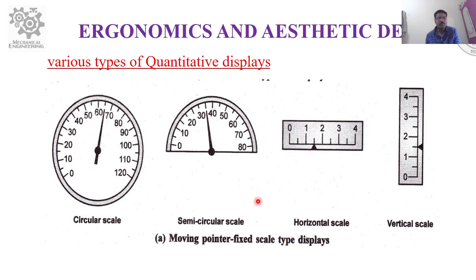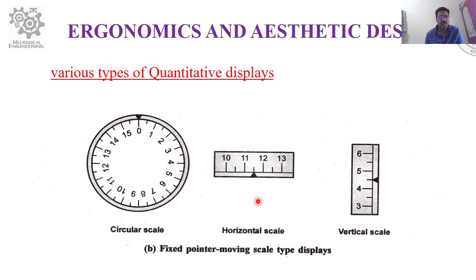And these are the various types of quantitative displays with a fixed pointer and moving scale: the scale is moving and only the pointer is fixed, in circular, horizontal and vertical scales. These are the various types of quantitative displays we are observing here.